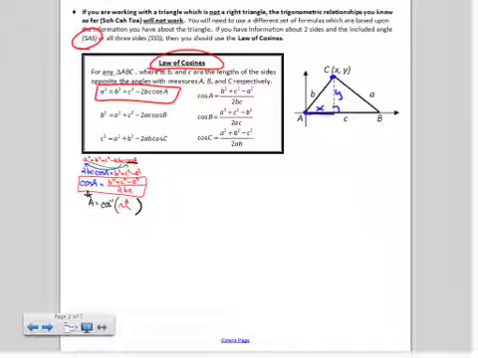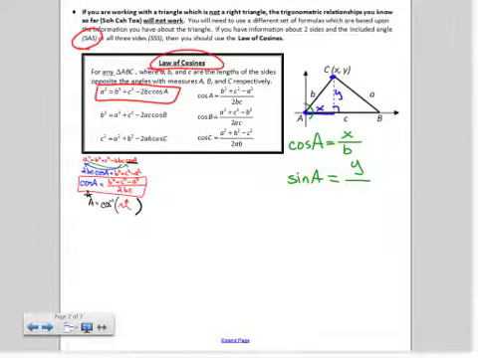If we have a right triangle, we have an adjacent side, and so the cosine of angle A would be adjacent x over hypotenuse b. And we know right here that the sine of angle A is the side opposite over the hypotenuse.